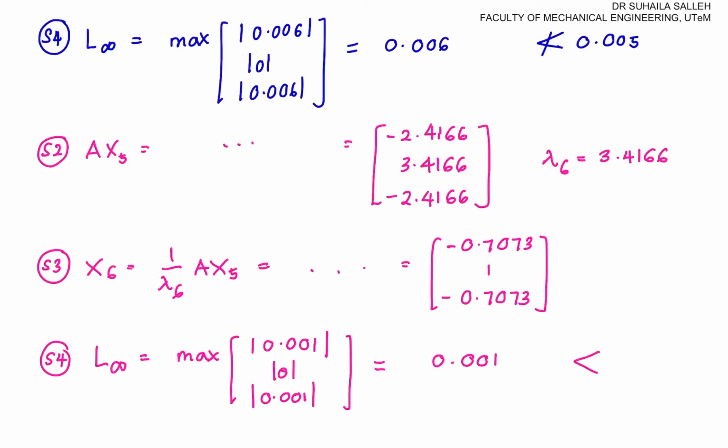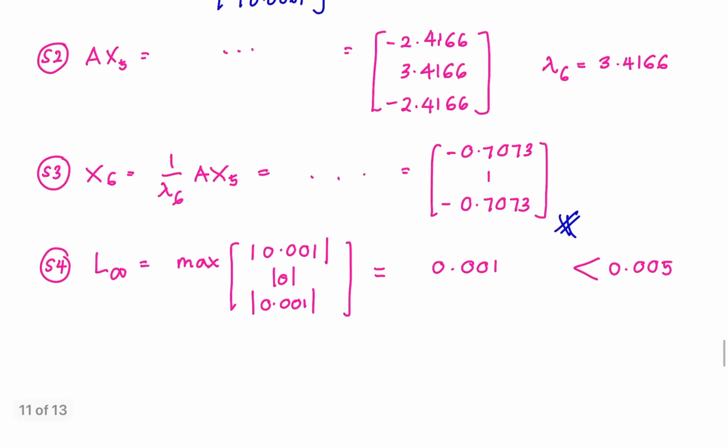So does this satisfy the epsilon? Yes, finally. So this is less than 0.05. So once you have checked your convergence criteria, which is L infinity, which one is our eigenvector now? Our eigenvector is the latest eigenvector here.